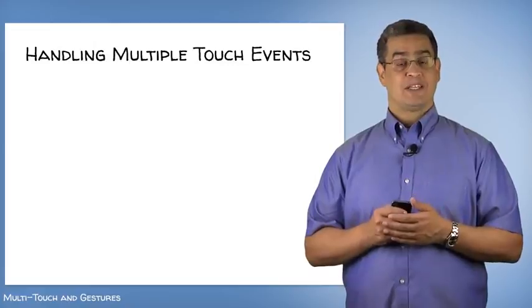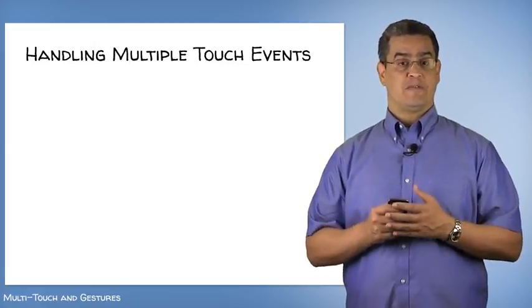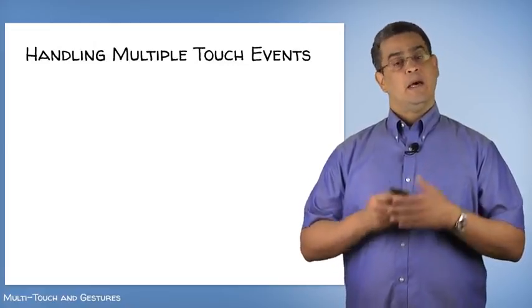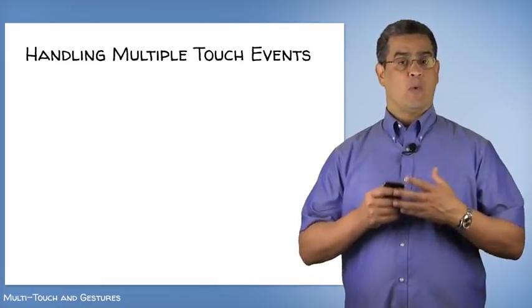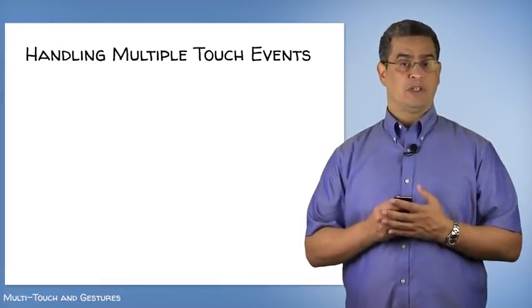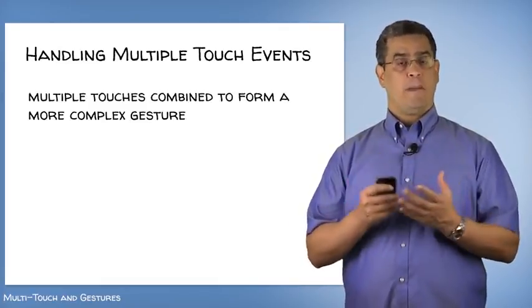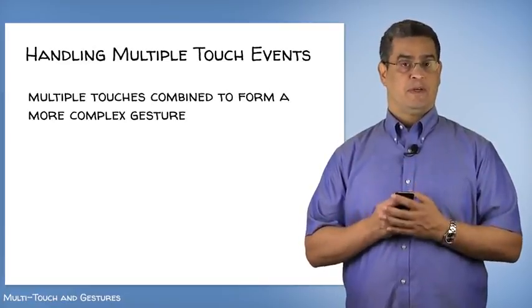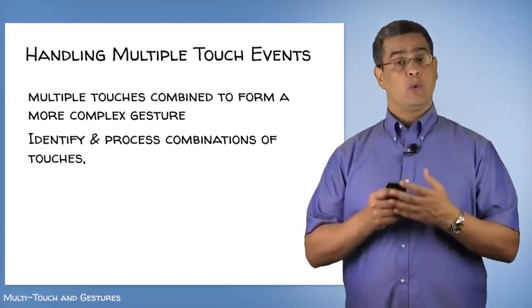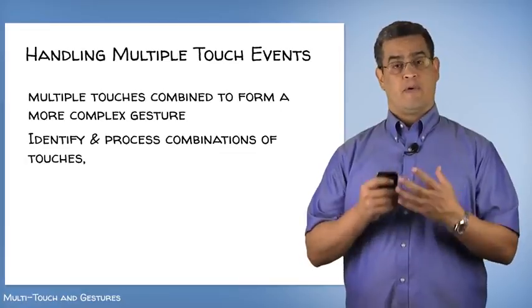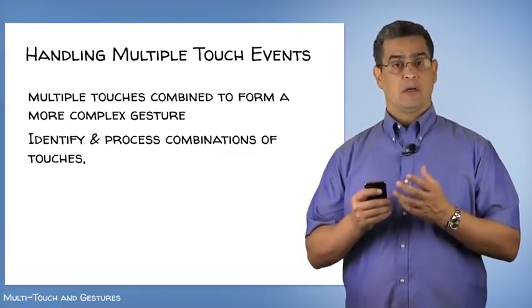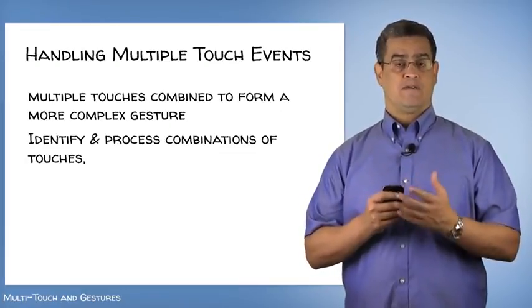In the simplest case, you can process each touch event independently. But applications often need or want to process multiple touches that are part of a more complex gesture. To do this, your code will need to identify and process particular combinations of touches.